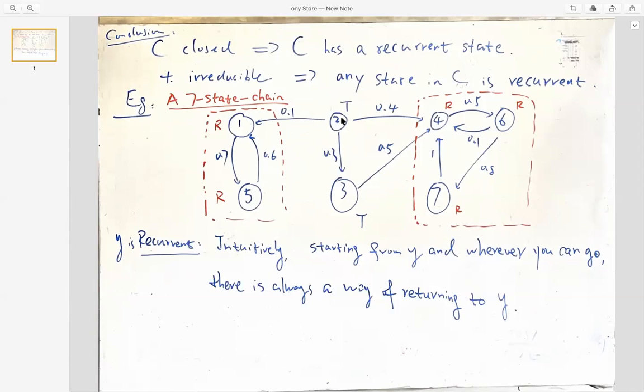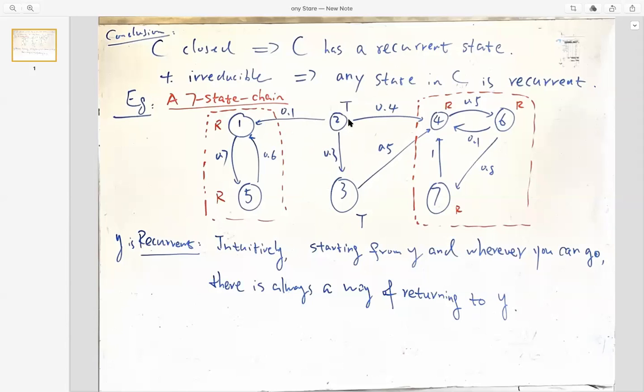You can think of many masses in 2, with probability going to 1, going to 4, and going to 3, and it never comes back. If you go to this block, you never return. This is also the same for 3, so 3 is transient. You can analyze other states as well.